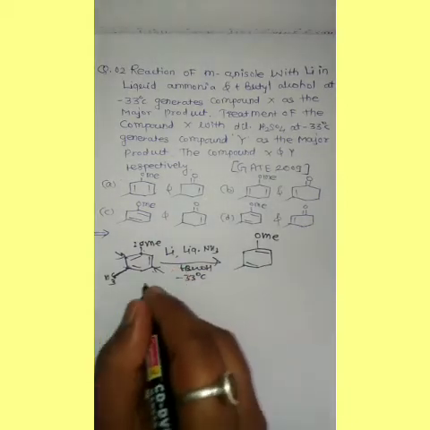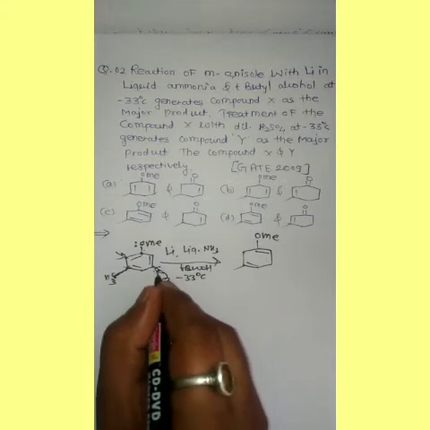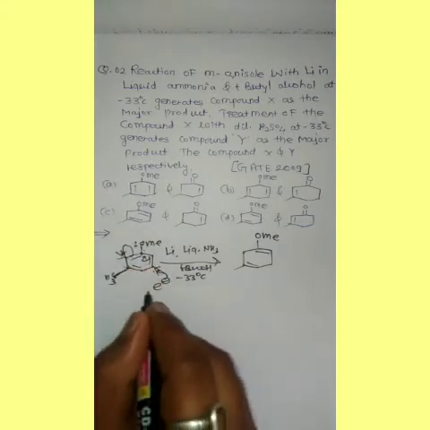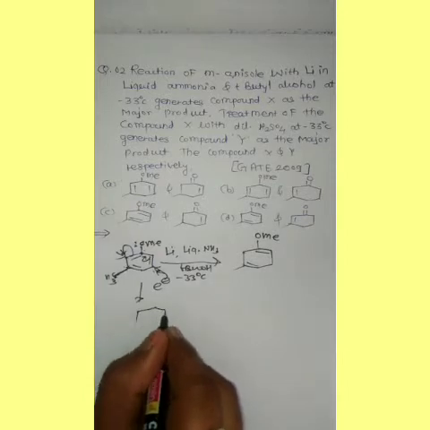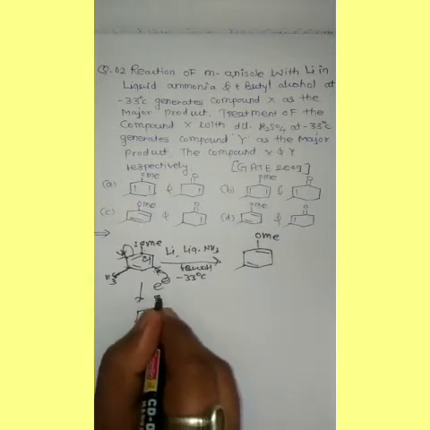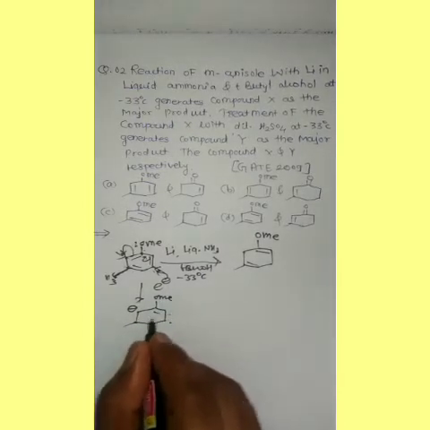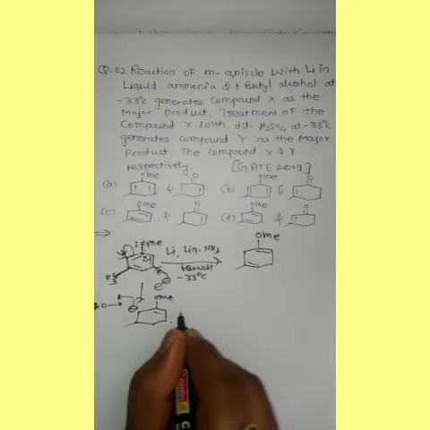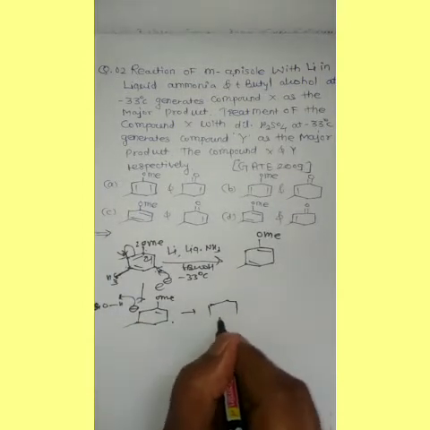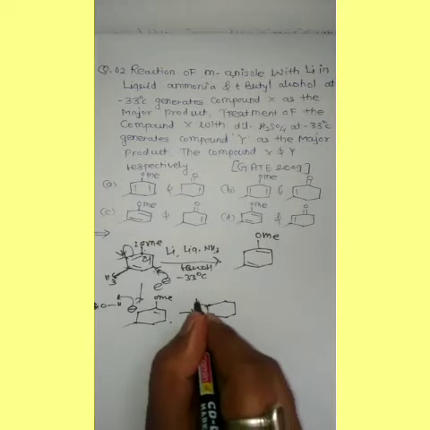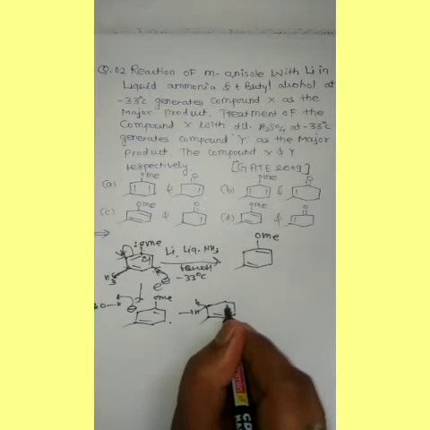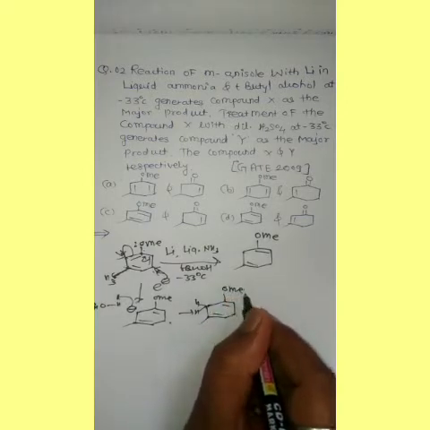Or let me explain just the basic things. The OMe here, the radical anion forms. After that it extracts the proton from the solvent, tertiary butanol. After that we get this reduced form, with the OMe group here.